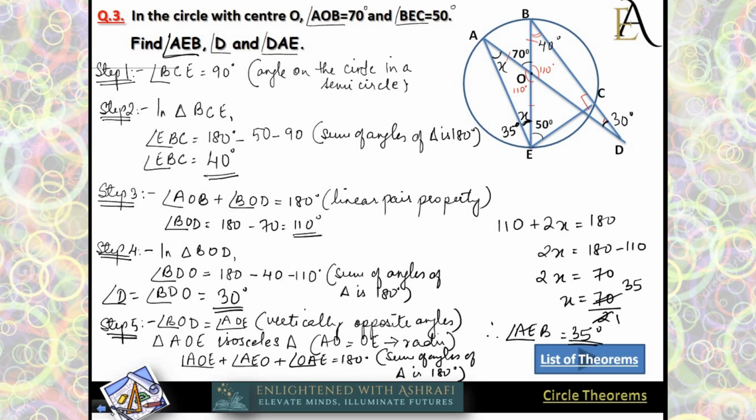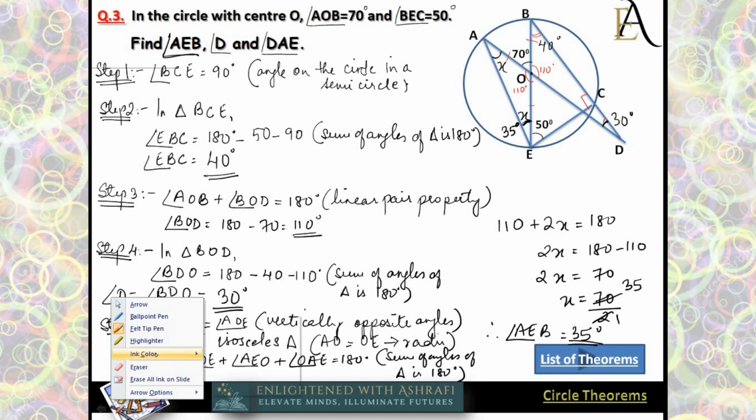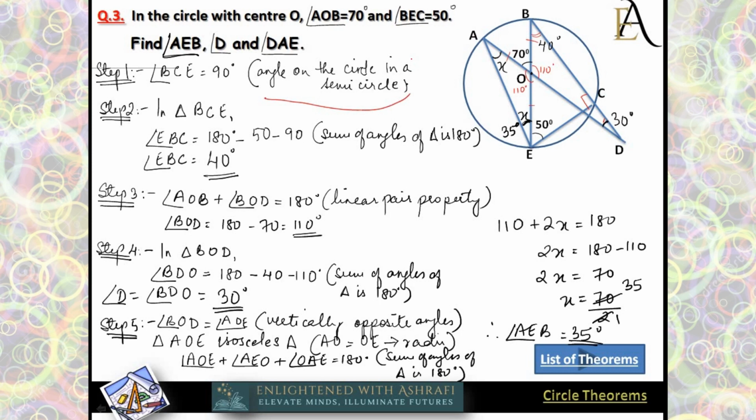So finally we used one theorem, an important one. On the basis of this we were able to find out EBC, D, EAB, sorry, and DAE.